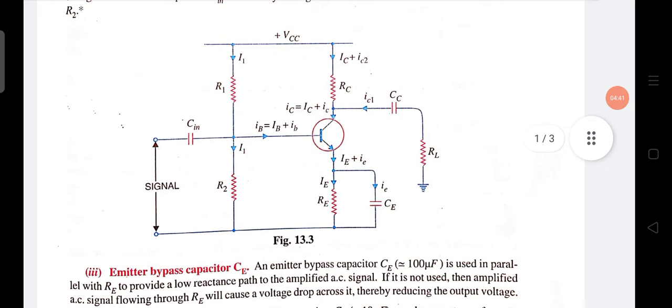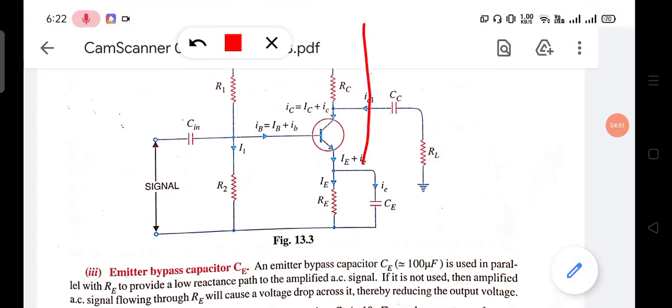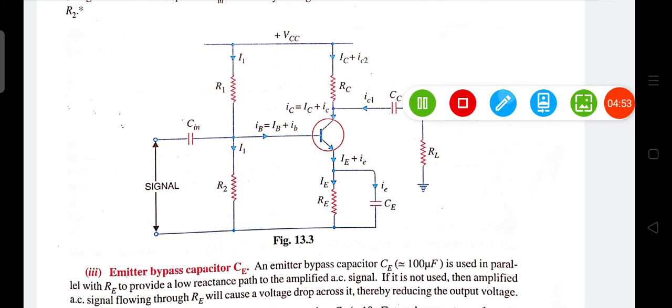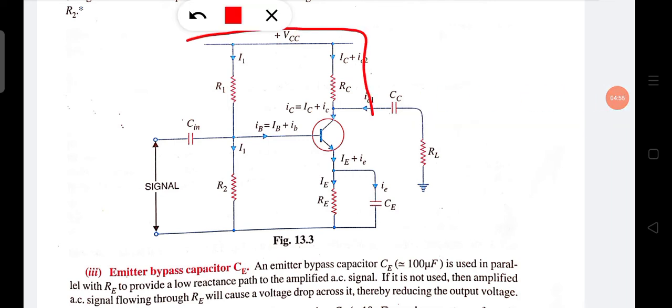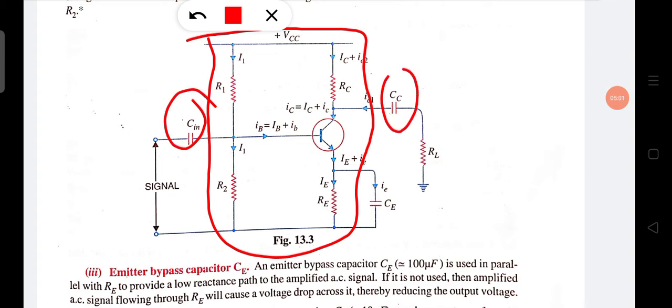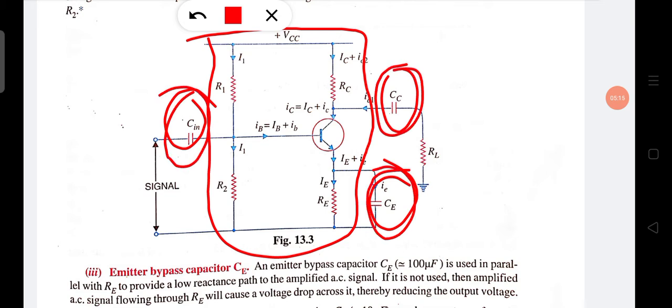If you remember the voltage divider configuration, this much circuit is there, with no Cin, no CC, no CE. But whenever we use that biasing method in practical use, we use some supporting components. These are the supporting components.